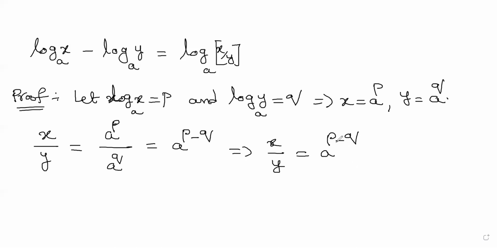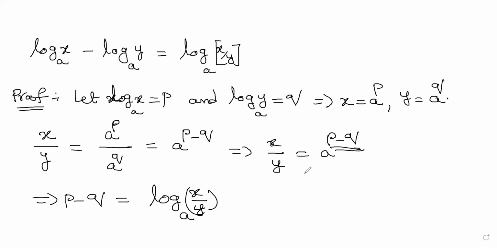So again come back to the definition of logarithm. What is p minus q? p minus q is nothing but log x by y to the base a. As I told you, this base will go to the base of the logarithm. So log x by y to the base a.